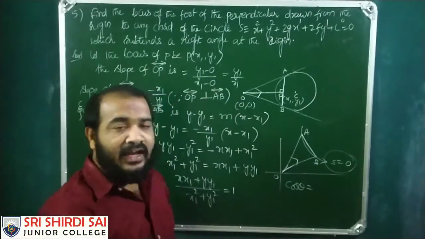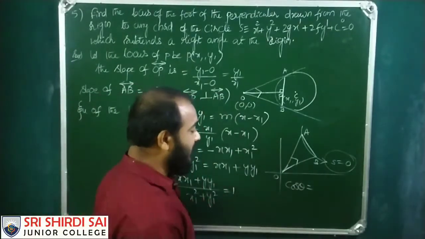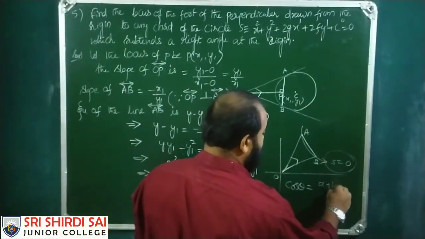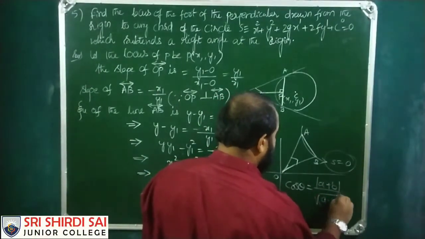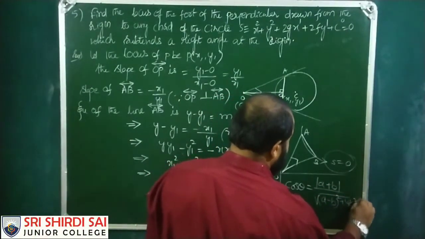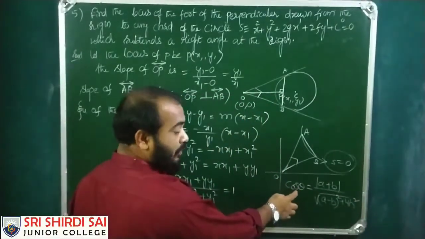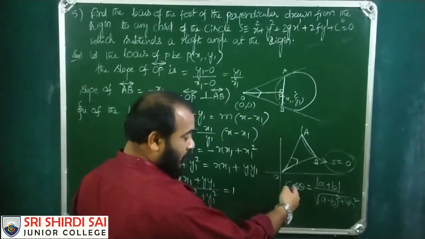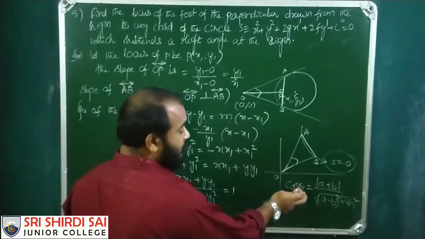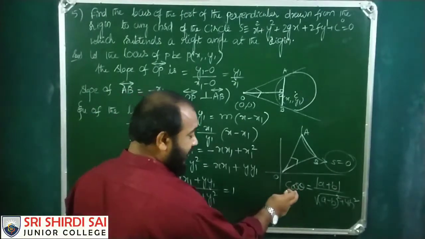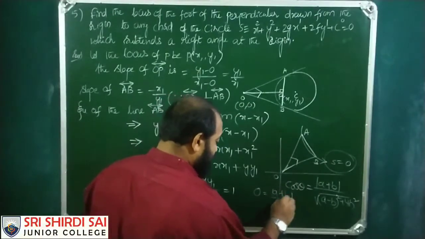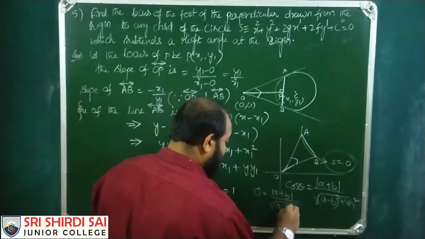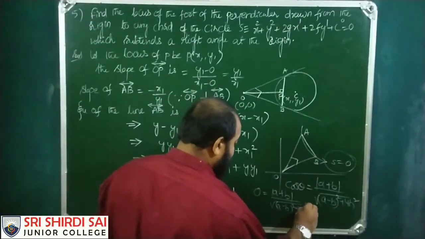If theta is the angle between the pair of lines, then cos theta is modulus of a plus b by square root of a minus b whole square plus 4h square. Since the lines are perpendicular, theta is to be substituted as 90 degrees. Cos 90 is 0 equals a plus b by square root of a minus b whole square plus 4h square.